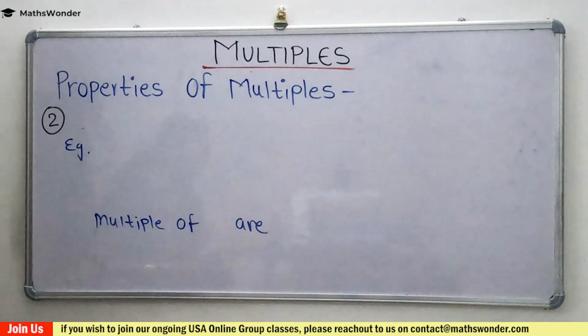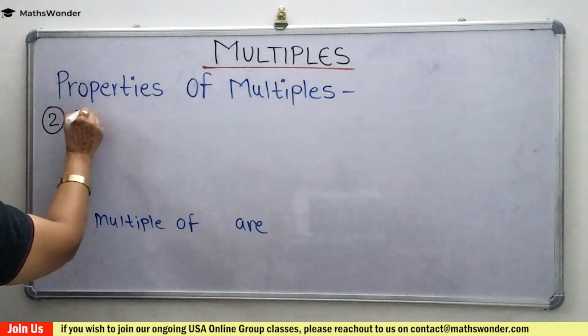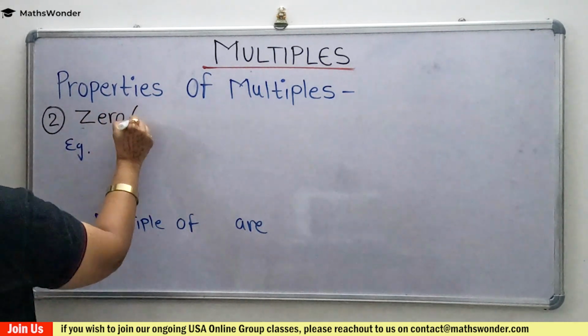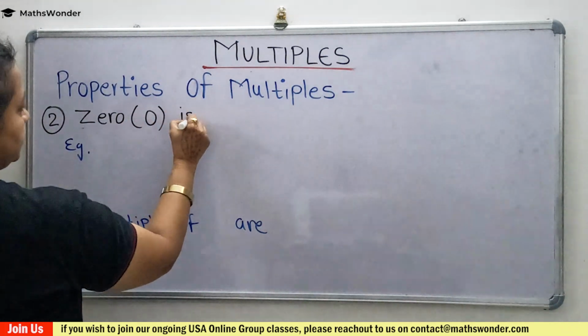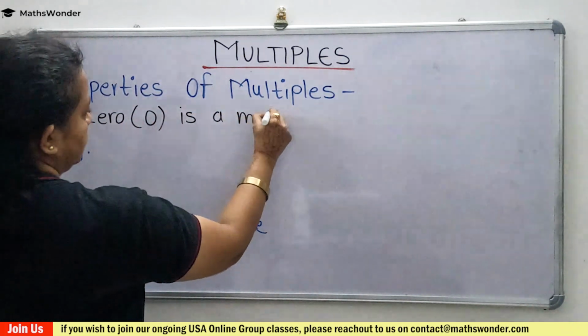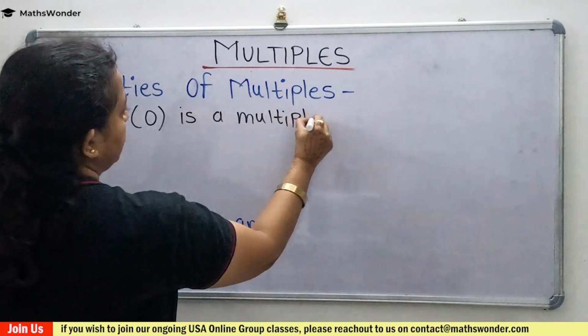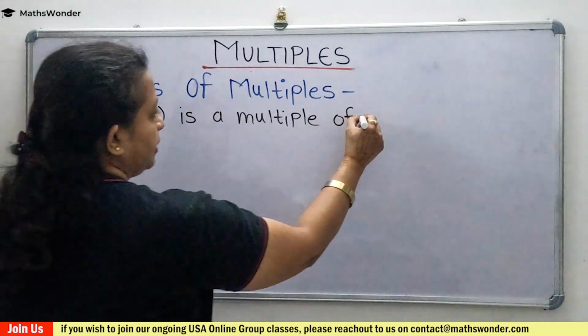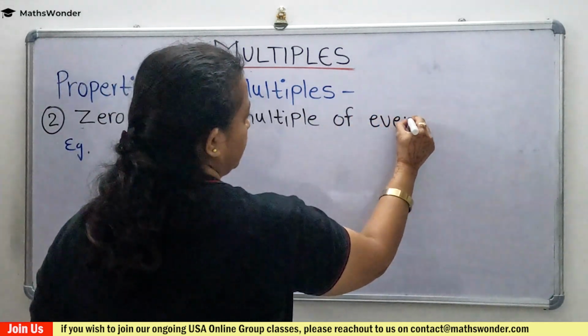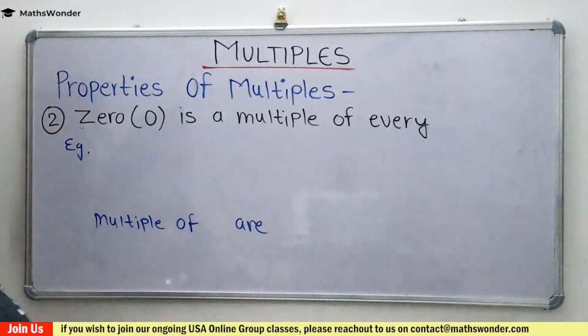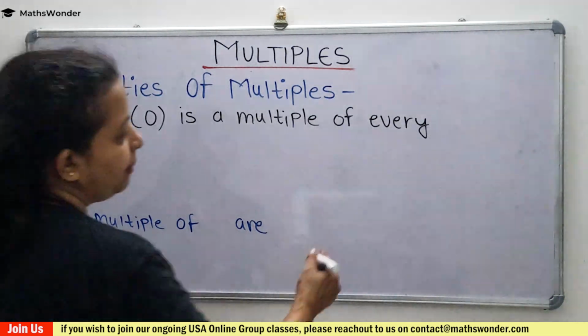Write down the next property, second property. 0 is a multiple of every non-zero number, or you can write it as every normal number, okay? So, yes, 0 is a multiple of every number.